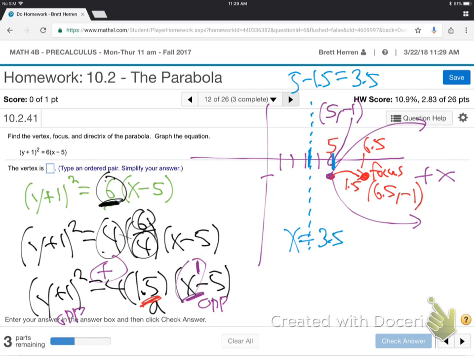See, I subtracted 1.5 from 5, and here I added 1.5. So I took the center, which was at over 5, and I added 1.5 for the focus, subtracted 1.5 backwards for the directrix line. And we're done. We got everything they wanted. They're not asking for the latus rectum. Good thing.